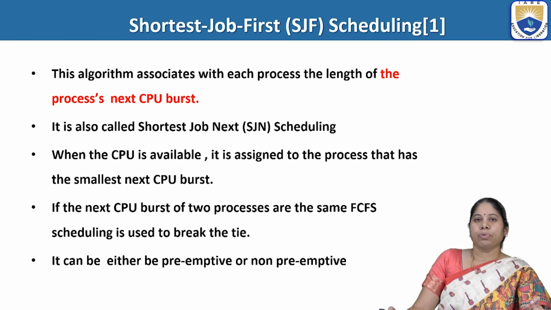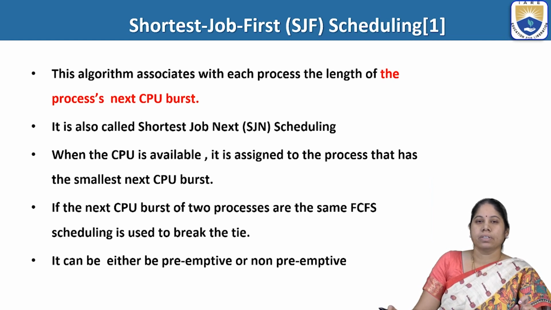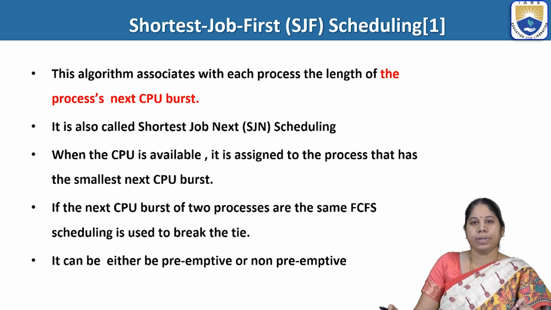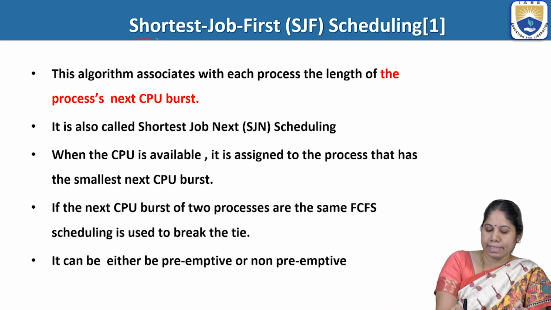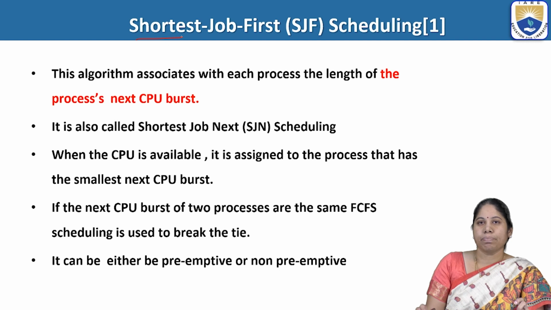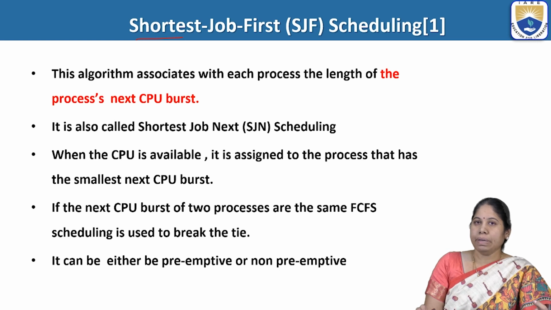So now let us move to the concept. The shortest job first scheduling algorithm. The name itself gives the meaning: shortest job first, right? In the previous session, we learned one scheduling algorithm, that is the first come first serve scheduling algorithm.